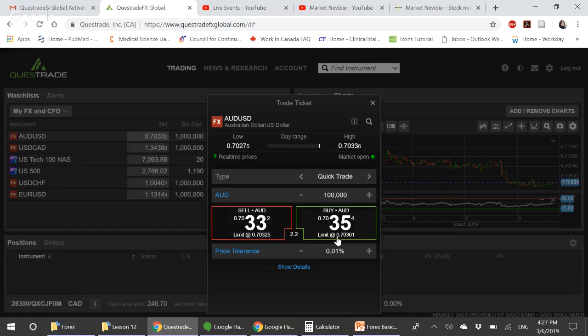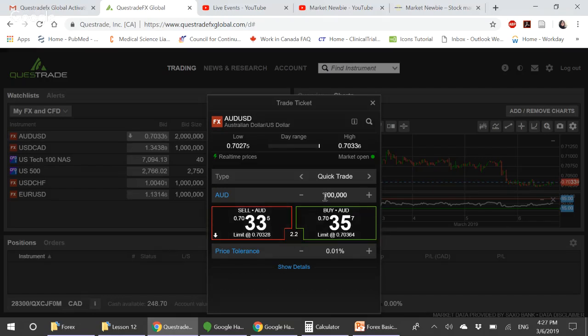The ask price here is 7035. This 5 is the pip. And then we have a mini pip that further divides a pip into 10 more components, but the standard in Forex is the pip.